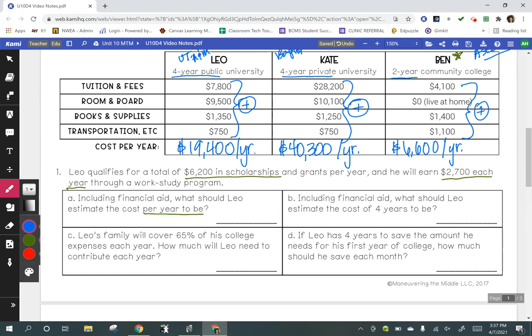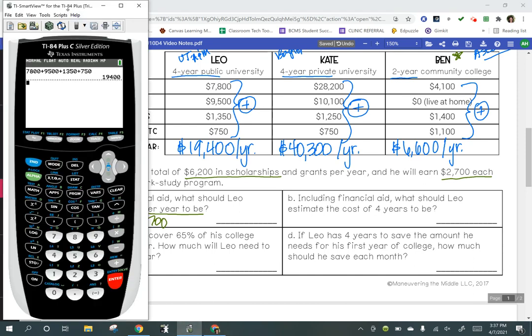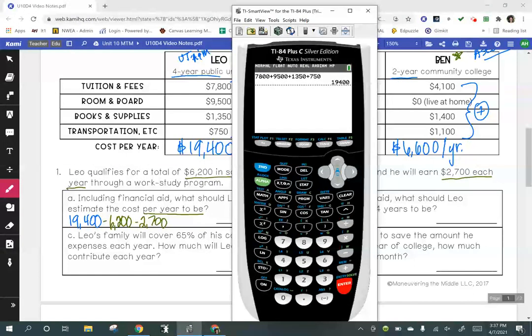All right, so Leo started with $19,400. Now remember, we're taking out, because he's getting a scholarship for $6,200. And he's also working the work study program, so that's going to take off another $2,700. So literally in our calculator, I've already got this one pulled up. I'm going to subtract out that scholarship he got.